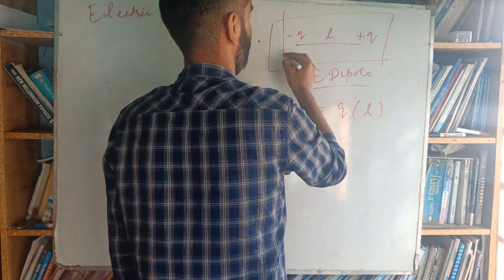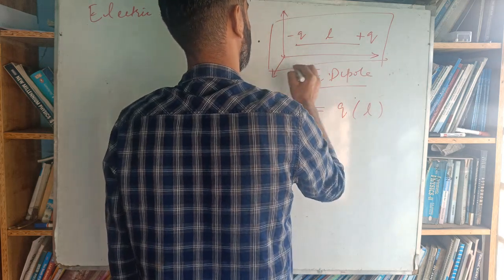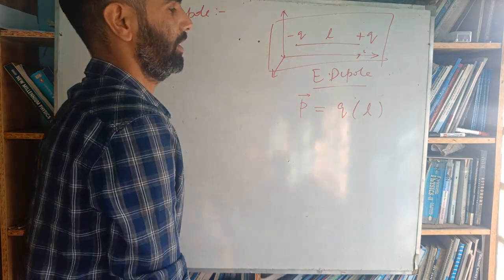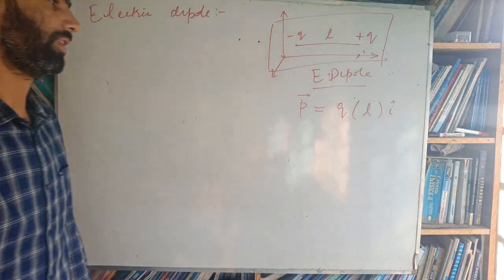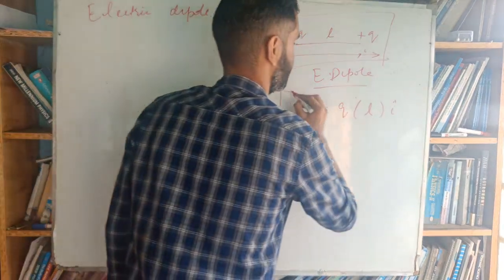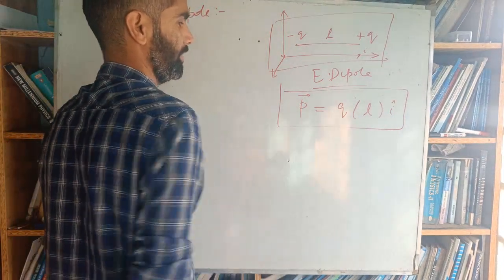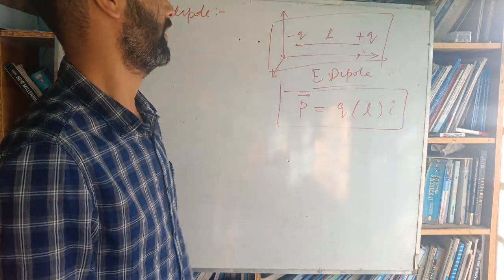If I take this as my coordinate system, and this is my unit vector i, then the direction will be given by this unit vector i. So this is the electric dipole moment. The electric dipole moment gives us the strength of this electric dipole.